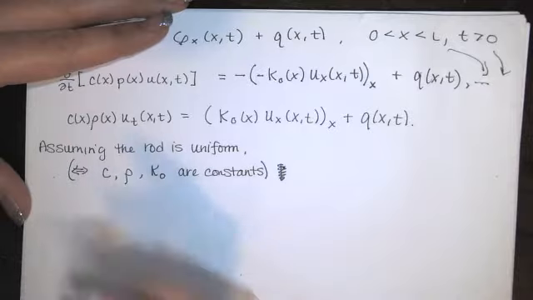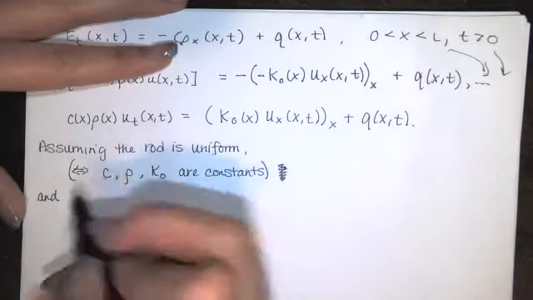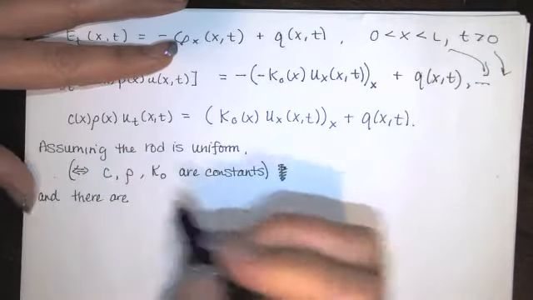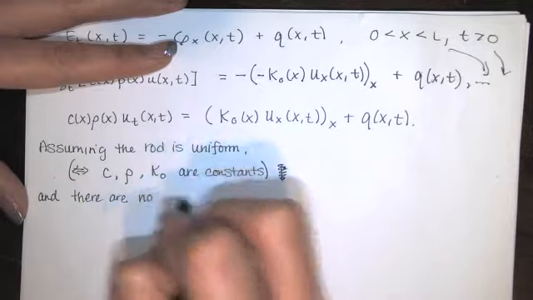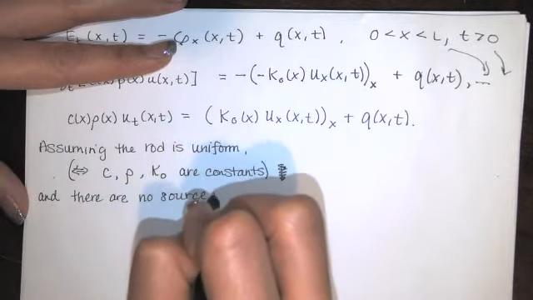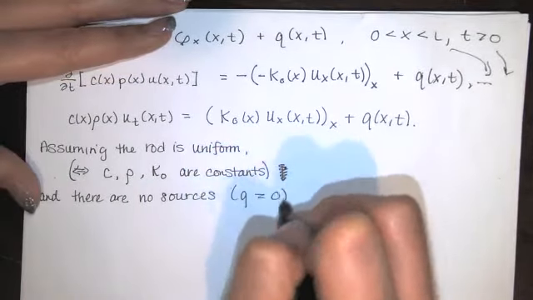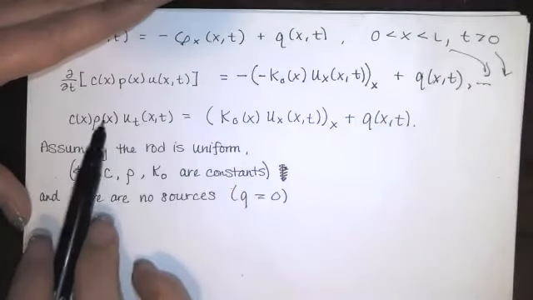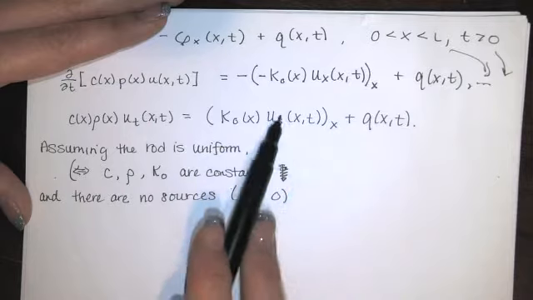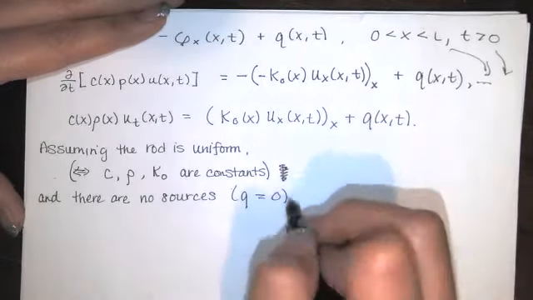So we're assuming that. And if we also assume at the same time that there are no sources, that means Q is equal to 0. Well, then this is a constant, this is a constant, and this is a constant. And if that's a constant, when I take the partial derivative of this partial derivative with respect to x, that becomes a second partial derivative with respect to x.